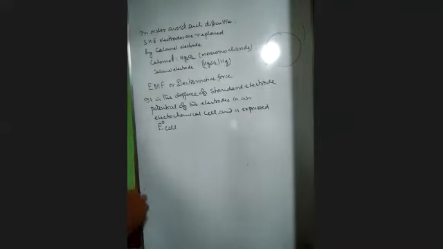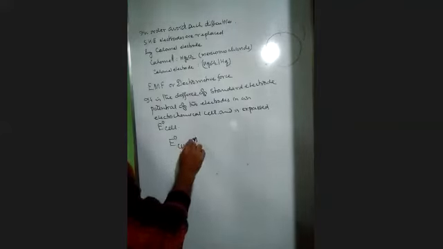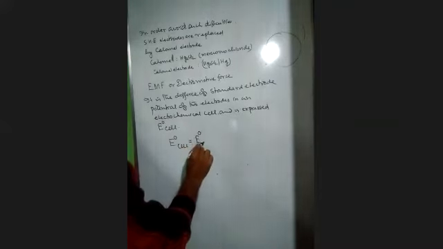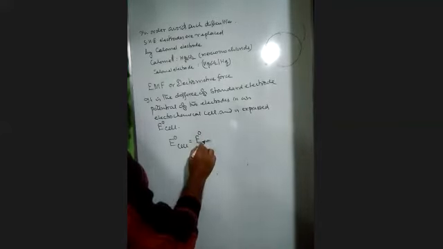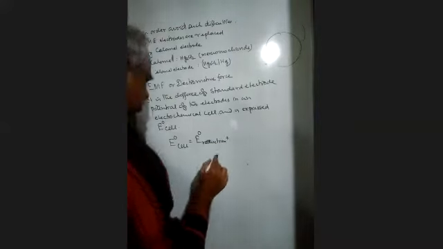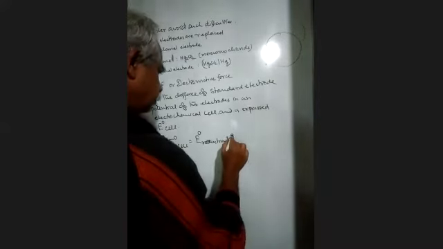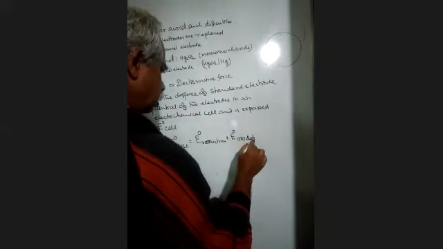Okay, now how to write E0 cell? See, E0 cell is E0 reduction plus E0 oxidation.